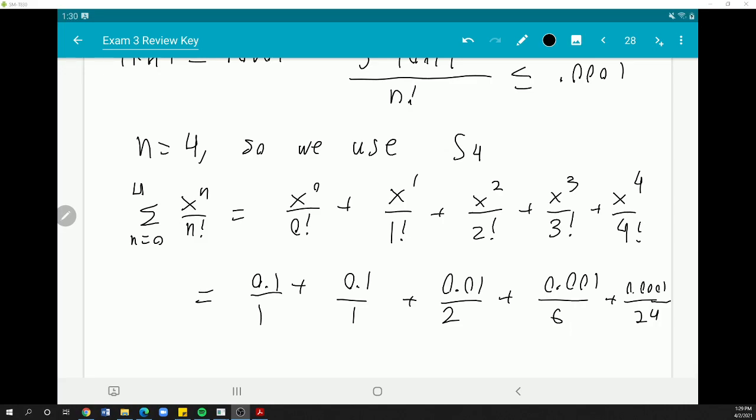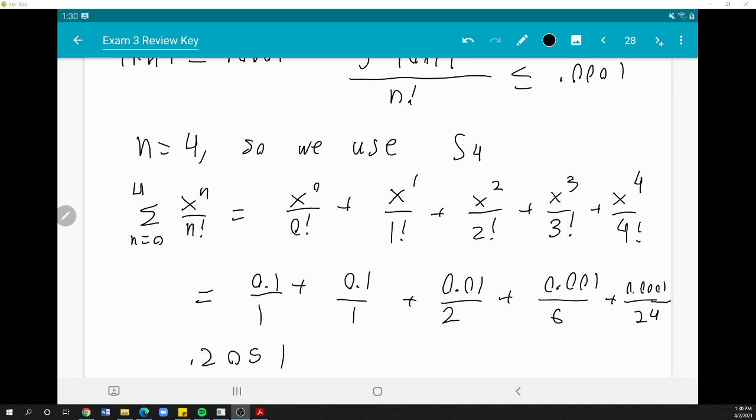Plug those in. 1 plus 0.1 plus 0.01 divided by 2 plus 0.001 divided by 6, plus 0.0001 divided by 24, and I get 0.2051. So I should comfortably be able to do 0.05.